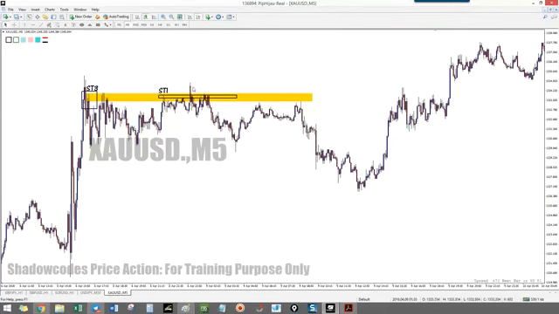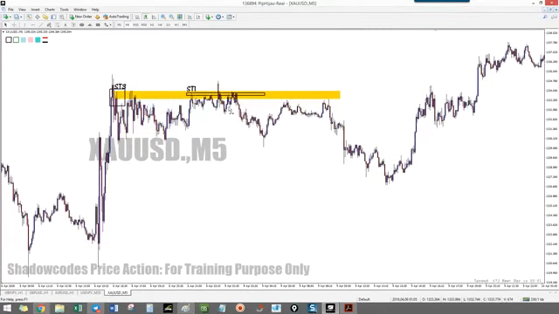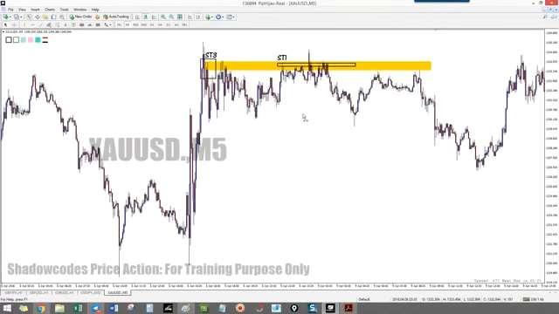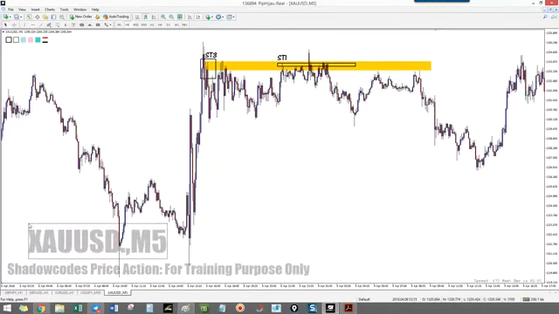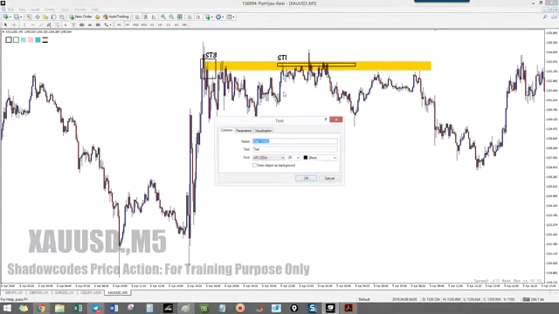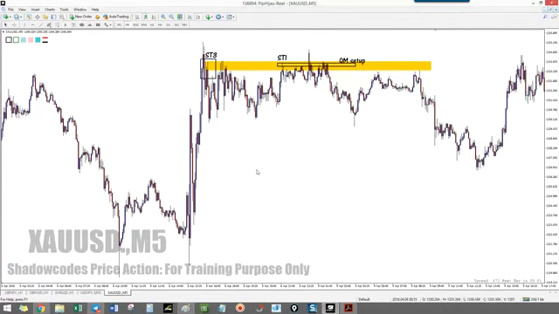High, low, high, high, lower, low, entry. This is a QM setup. QM. Over here.